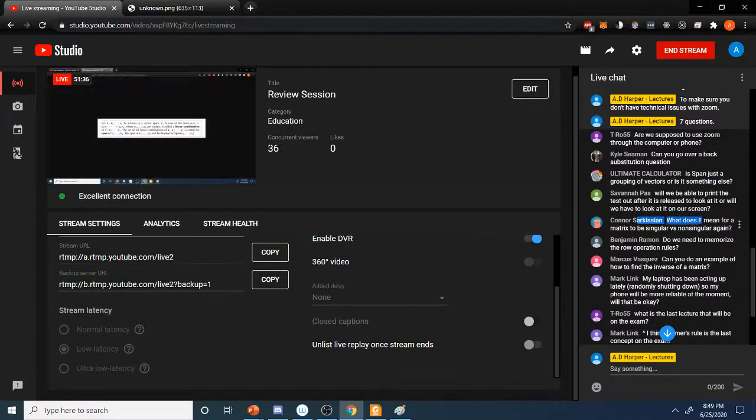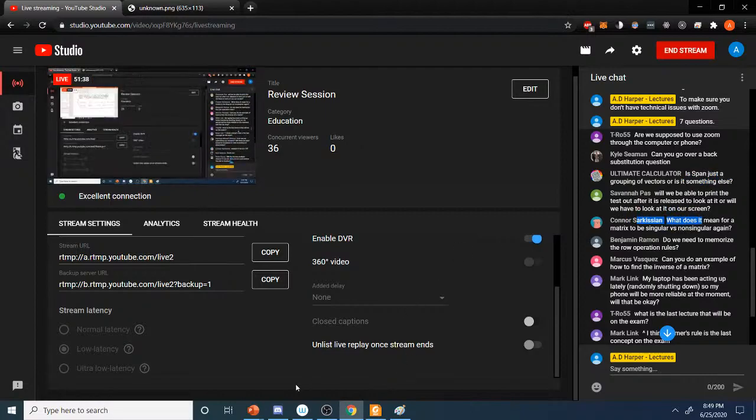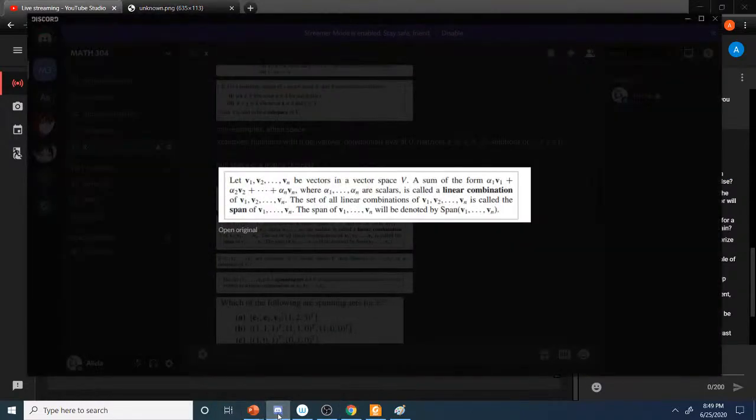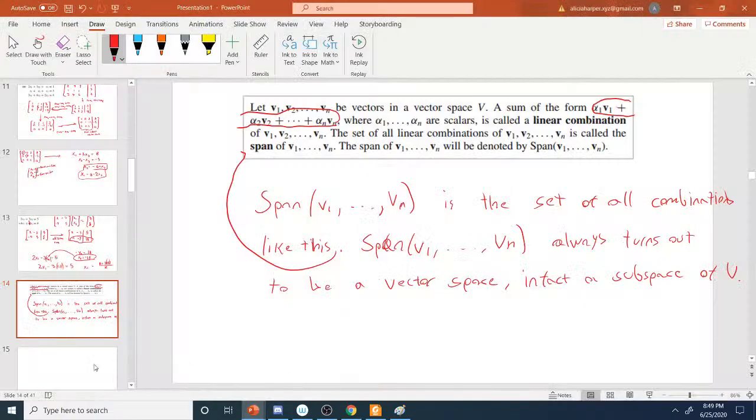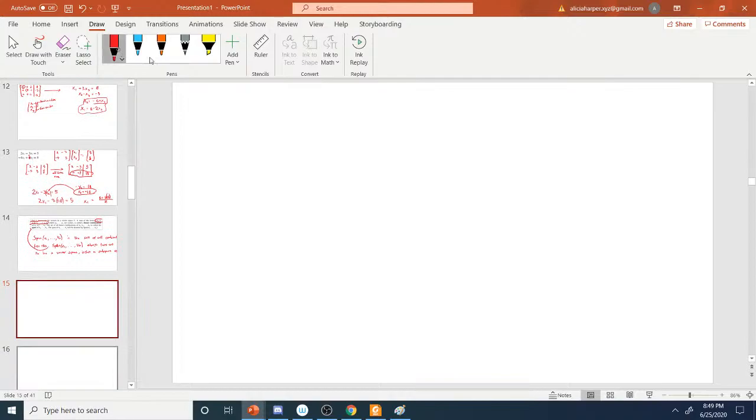Connor asks, what does it mean for a matrix to be singular versus non-singular again? Okay, so let A be an n by n matrix.